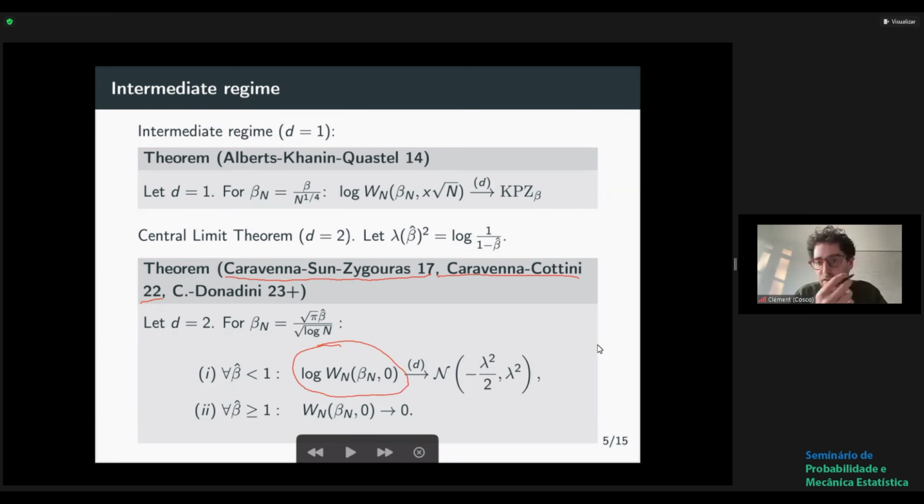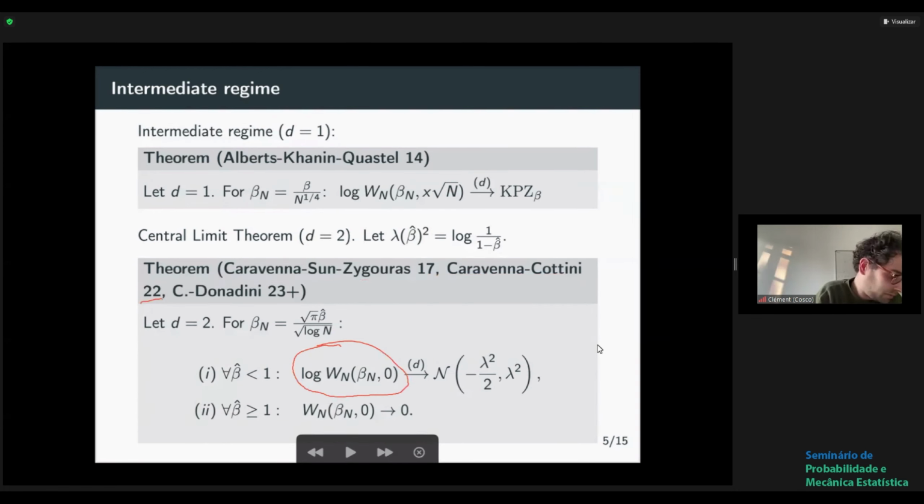A chaos expansion is just a big sum of random variables and powers of random variables. They showed that log of Wn can be approached by a specific chaos, which you can determine completely, and that this chaos satisfies a central limit theorem by using some general theory of central limit theorems for chaos.